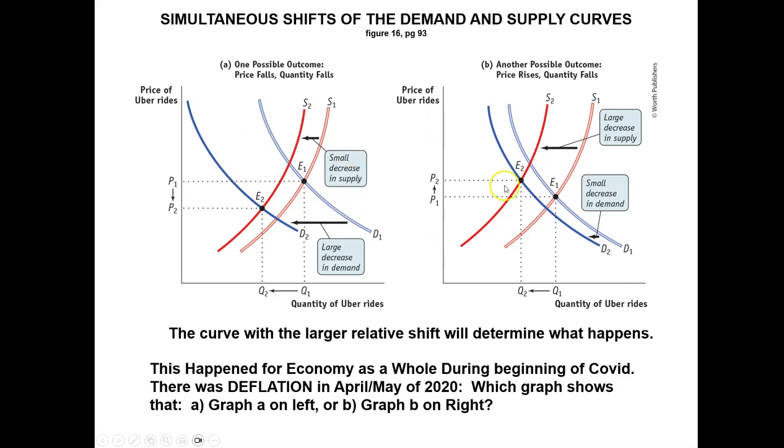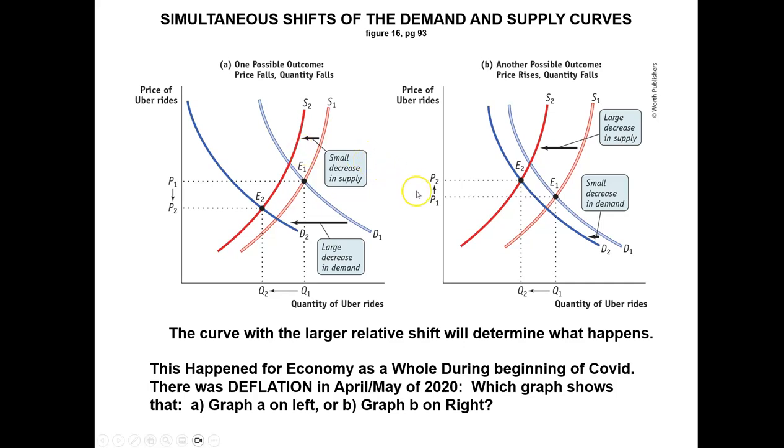So here's that example or similar example in a textbook. Unless you know the relative size of the shifts, if both things are shifting, it's hard to know what's going to happen. So this is the Uber rides. When COVID hit, there was both a decrease in demand because the riders, the consumers, worried about getting COVID, and also a decrease in supply. The drivers worried about getting COVID.